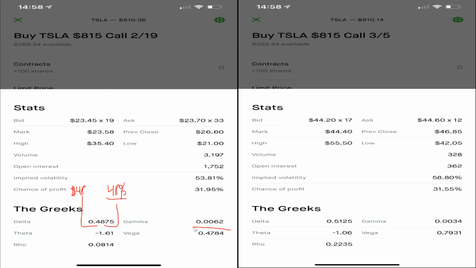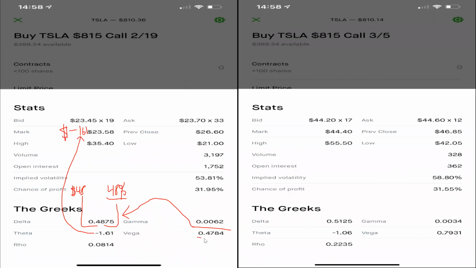Gamma is measuring the stability of the probability that this happens. Theta is telling me that every day I wake up in the morning, I'm losing $161 because of time decay. Time decay does not include weekends and holidays. It happens every day, stretched out over a trading day period.